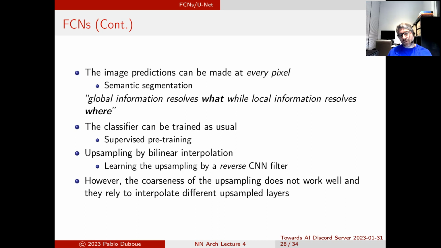So we need to upsample. A simple way to upsample is linear interpolation. If you have a point that represents 4 points in the original image, you can take the neighbors to try to figure out what the class will be for the other 3 points.